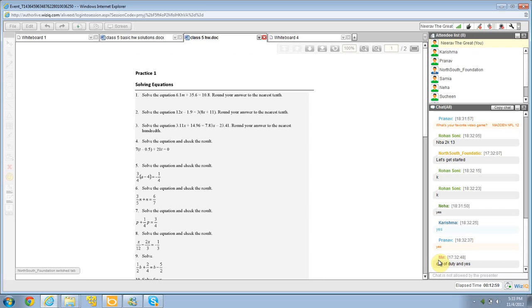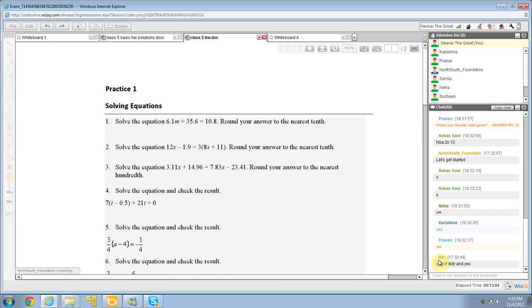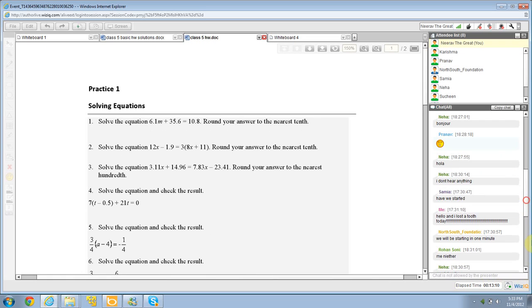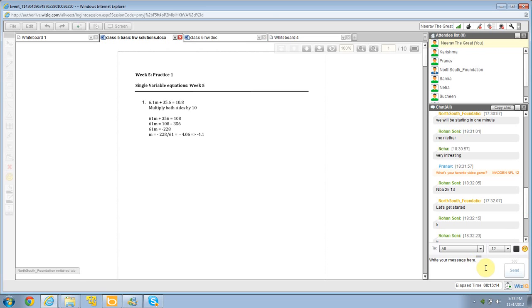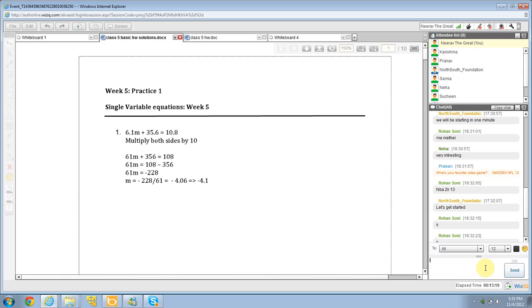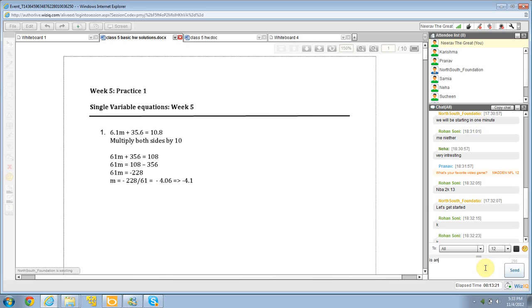So here we go. Number 1, solve the equation 6.1m plus 35.6 equals 10.8. Round your answer to the nearest tenth. What we need to do is isolate the variable. That means getting the variable on one side of the equation and all the numbers on the other.